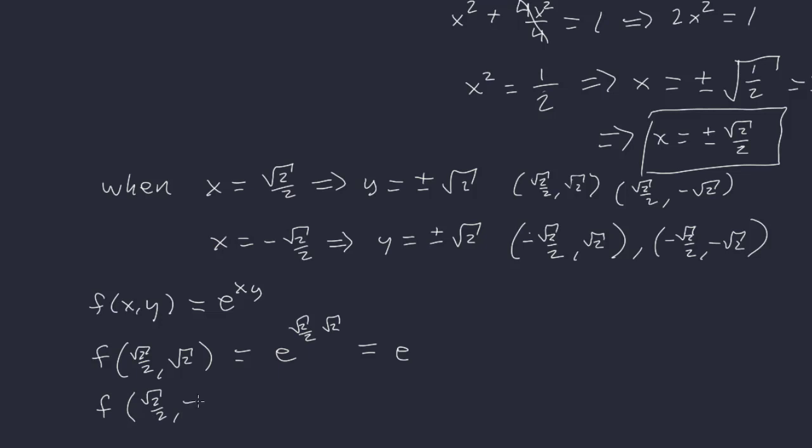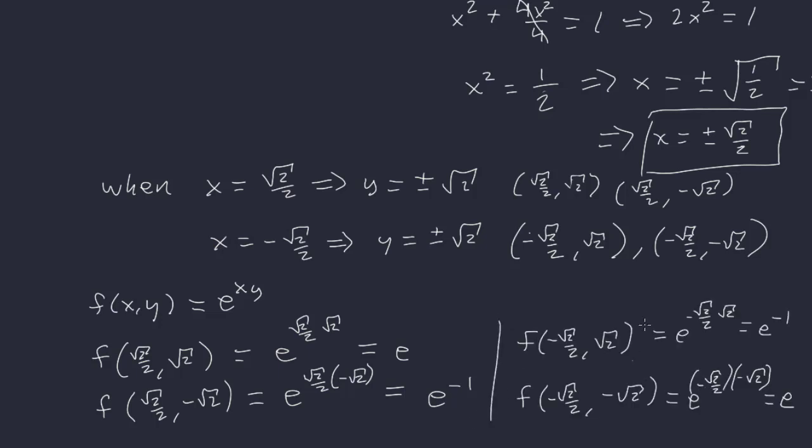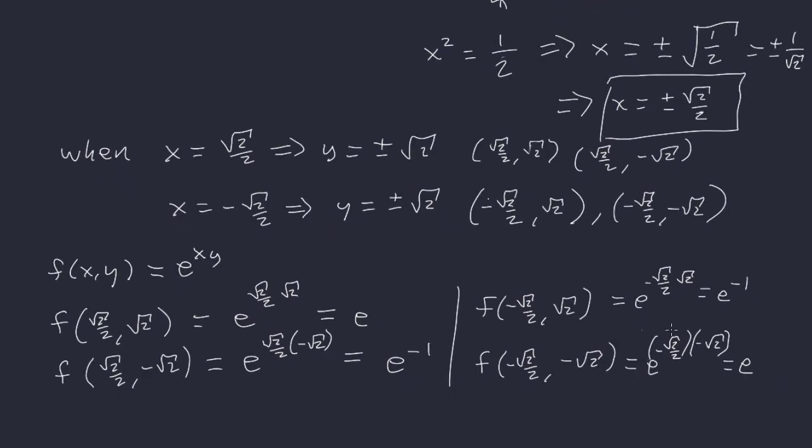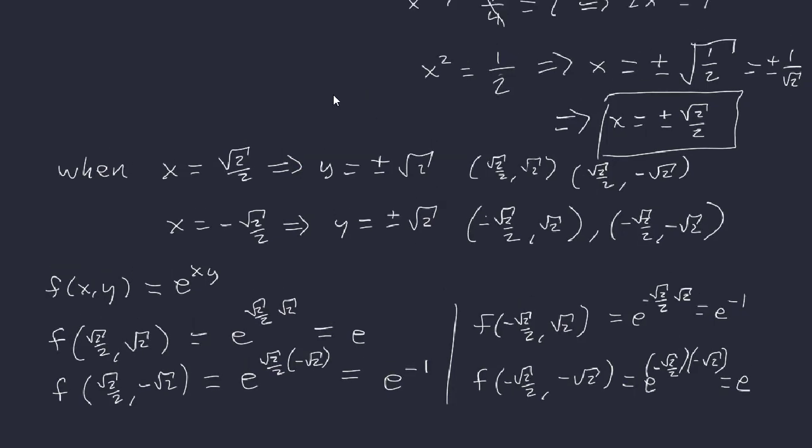When one of them is negative, like in this case, we still get the same idea, it just comes out to be -1 in the exponent, and so on. I spared showing you each little step here, but once again, we get the same absolute maximum and same absolute minimum doing it this way.